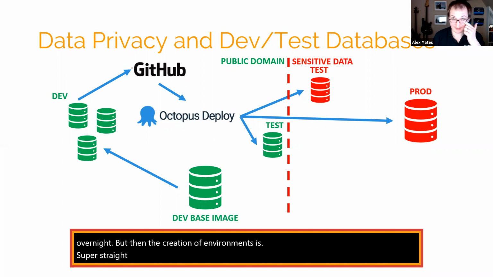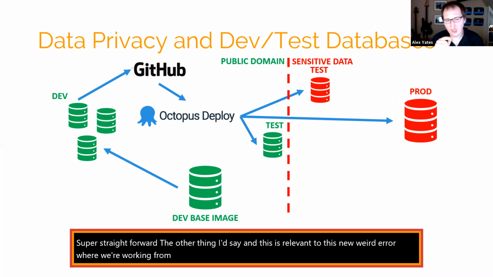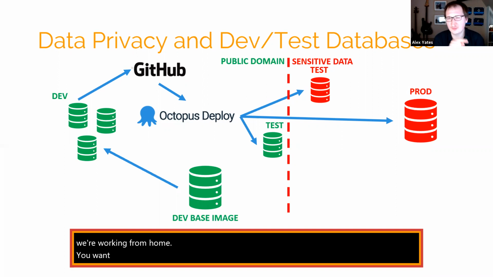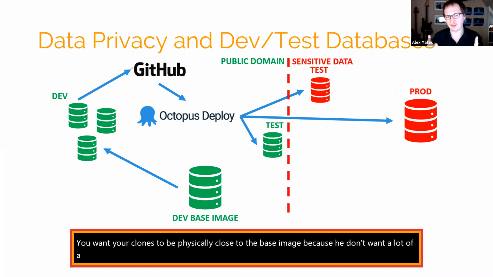The other thing I'd say, and this is relevant to this new weird era where we're all working from home, is you want your clones to be physically close to the base image, because you don't want a lot of latency between the base image and the clone that your database is working off.